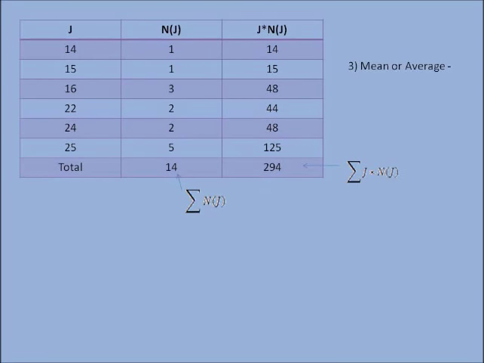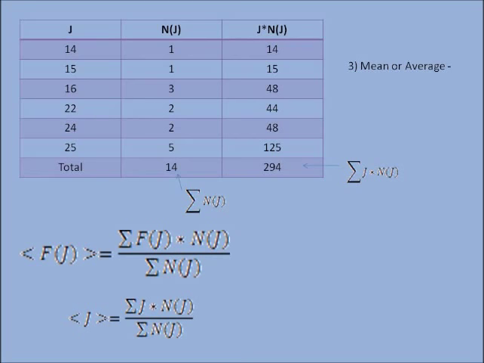Now let us see what is mean or average. As we can see, there are total 14 states and 294 photons. So let us consider f of j is any quantity, and the mean of that quantity f of j is given by summation of f of j into nj divided by summation of nj.